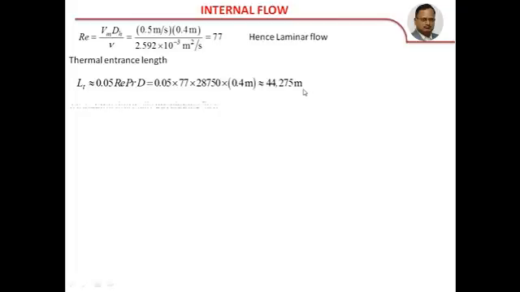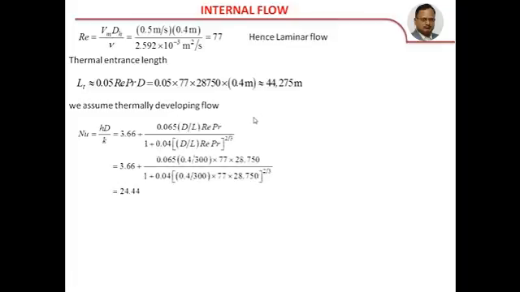The surface area of the pipe is pi d L, mass flow rate through the pipe is rho, area of cross section, into velocity, and hence you can find out the Reynolds number, Vm d by nu: 77, laminar flow. Thermal entrance length is 0.05 Reynolds number Prandtl number into d, roughly 44,275 meters.